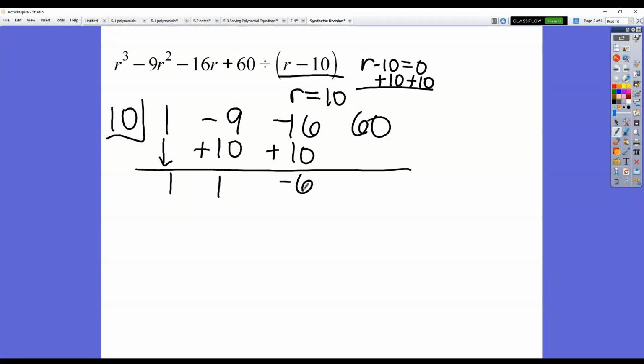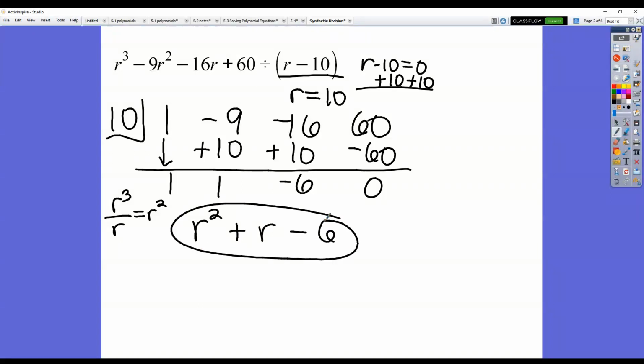Okay, 10 times negative 6 is negative 60, and our remainder is 0. So then, we start with an r cubed divided by r, that's an r squared. So we get 1r squared plus r minus 6. That's our final answer.